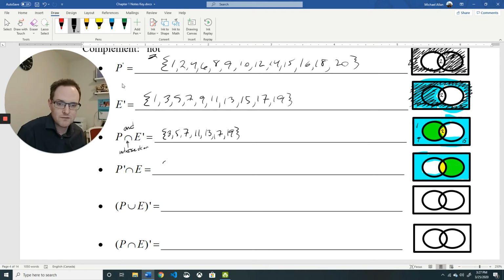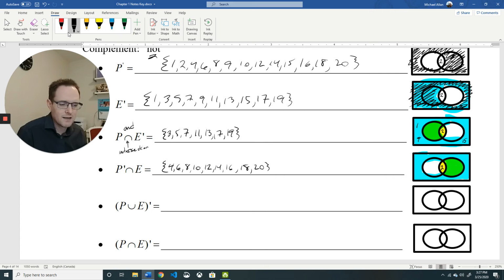So that's what we're looking for: it's not a prime, and it's even at the same time. 2 is a prime, so I'm not going to include that. So I have 4, 6, 8, 10, 12, 14, 16, 18, and 20. There you go. So not including 2.